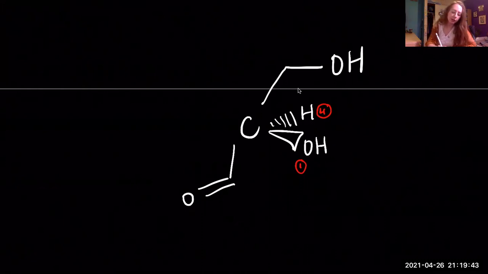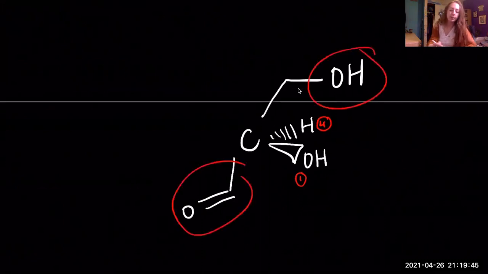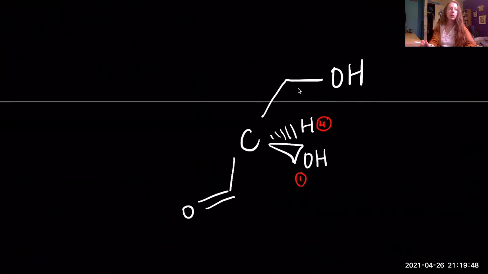So again, these are really at the end of your rope, or when there's no other higher priority groups in the molecule at all. Because the double bond is counted as 2 times an atom, this carbon here is bonded to 2 oxygens, and so this one will win priority. This will be number 2, and this will be number 3.